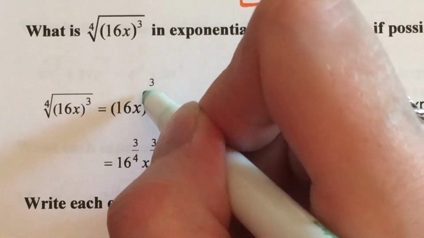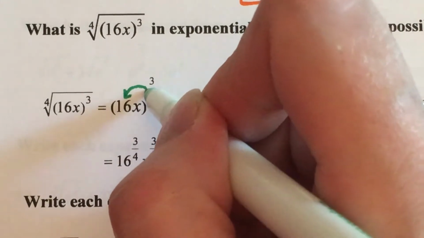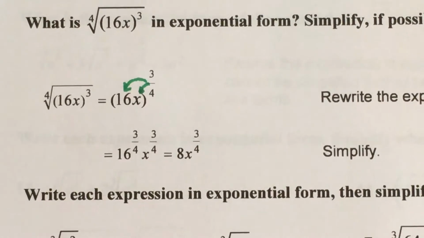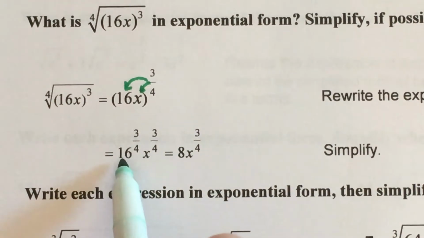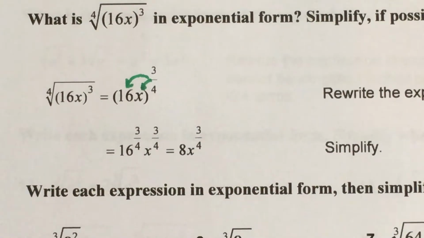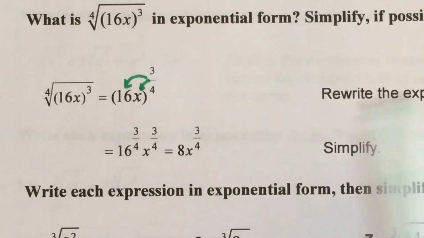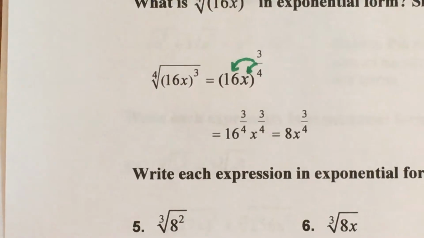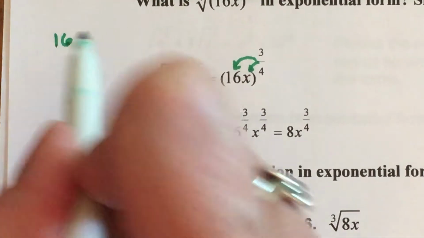So we're going to distribute this 3/4 onto both parts in the parentheses. Let's go find out how the 16 to the 3/4 turned into 8. Because I think the x to the 3/4, I think you've got that. But how the 16 turned into an 8, I want to look at that with you. So 16.